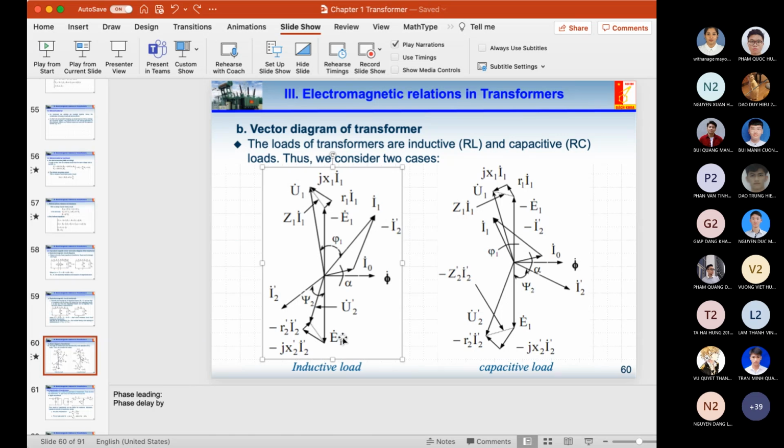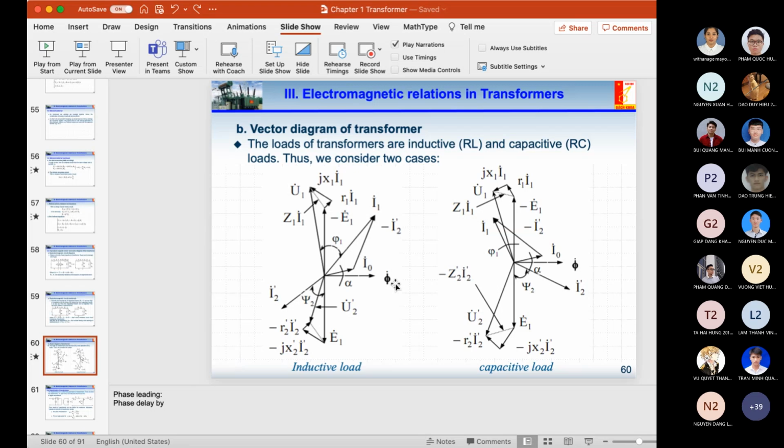Maybe I missed something, so E2 time here. E2 is also phase delayed by 90 degrees from phi, because E is equal to minus W1 or W2 times d phi divided by dt.